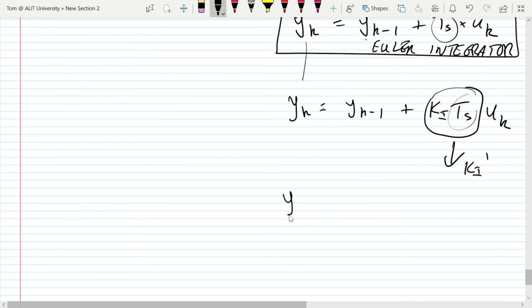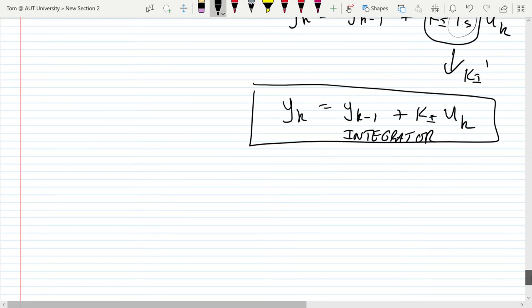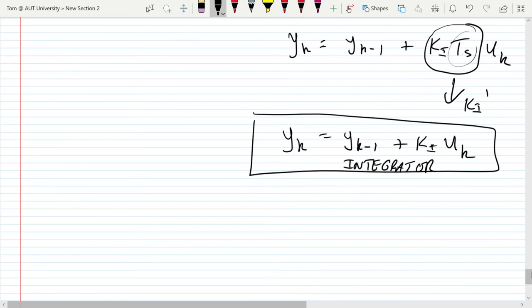And so you can implement an integrator with a gain term as just that, Ki U_k. So that's an integrator. And you can show that's actually equal to a summation as well if you want to, because it is actually adding, because it's taken the previous value sample and it's summing up forever really.